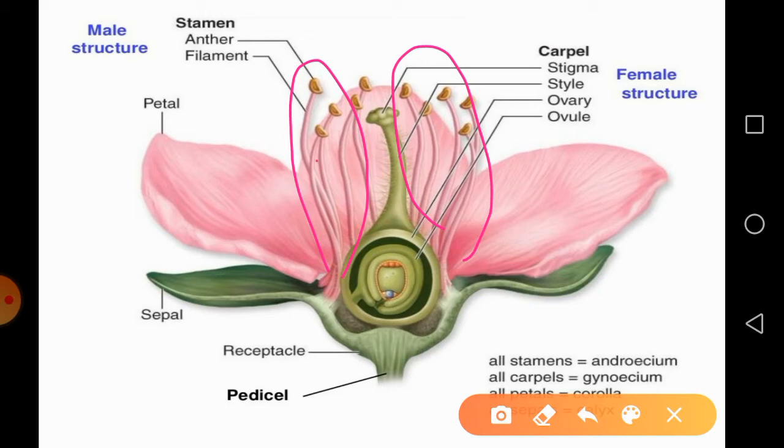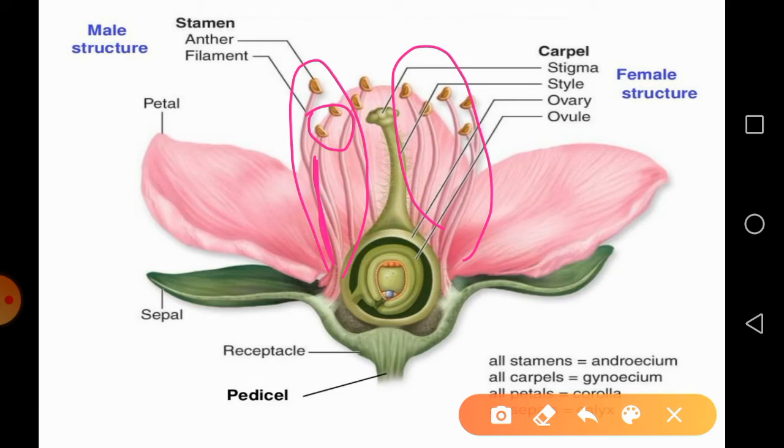This tube-like structure you can see here is called the filament, and above this filament, this yellow circle or disc-shaped structure is called the anther. Each anther has two lobes, and each lobe usually contains two pollen sacs, which are involved in the reproduction process.